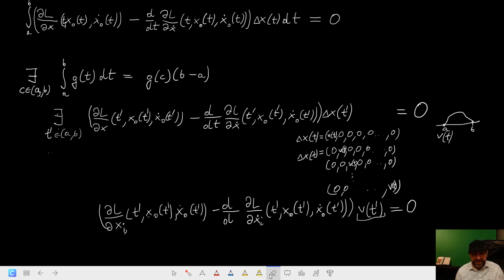So what we proved in fact is that for each coordinate i, I'm sorry, that's from Polish, for each coordinate i, there exists t prime that this is equal to 0. We don't make any assumption that t is the same.